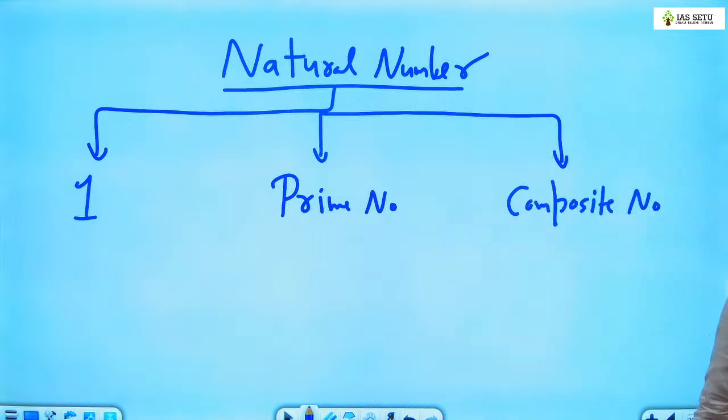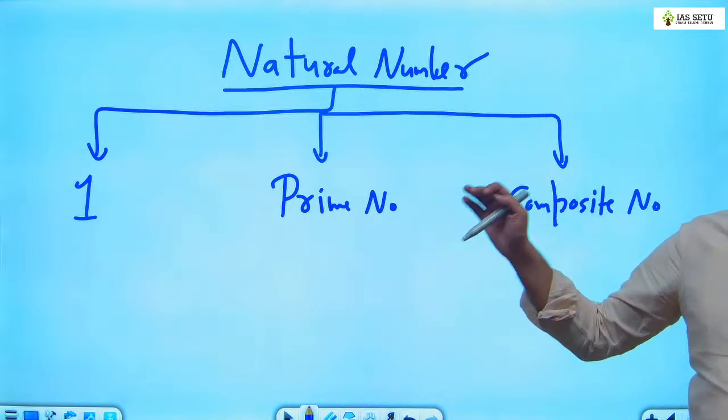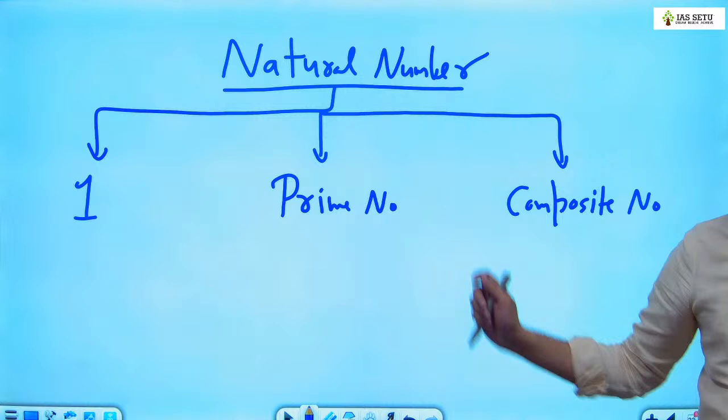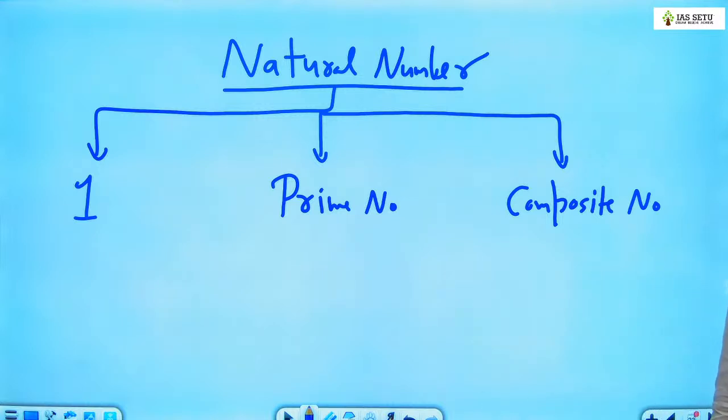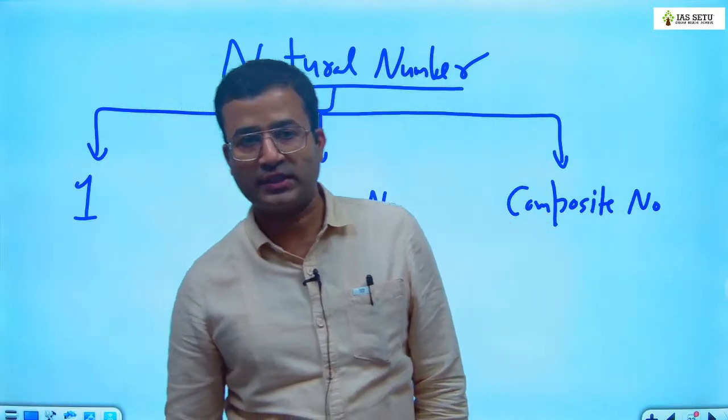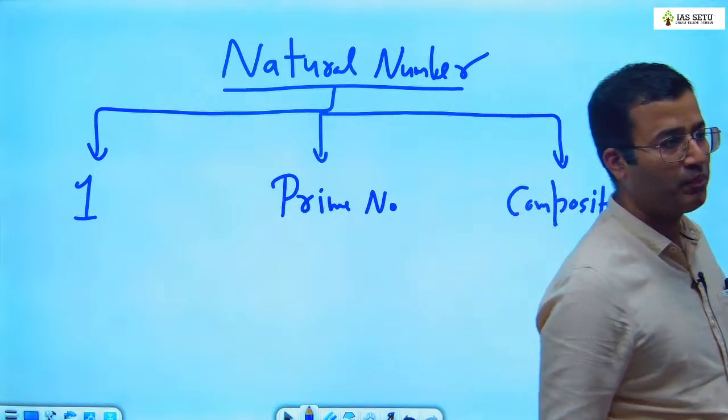I ask you, can anyone tell me what is the reason behind this categorization? Factors can be more than 2, you are going right.